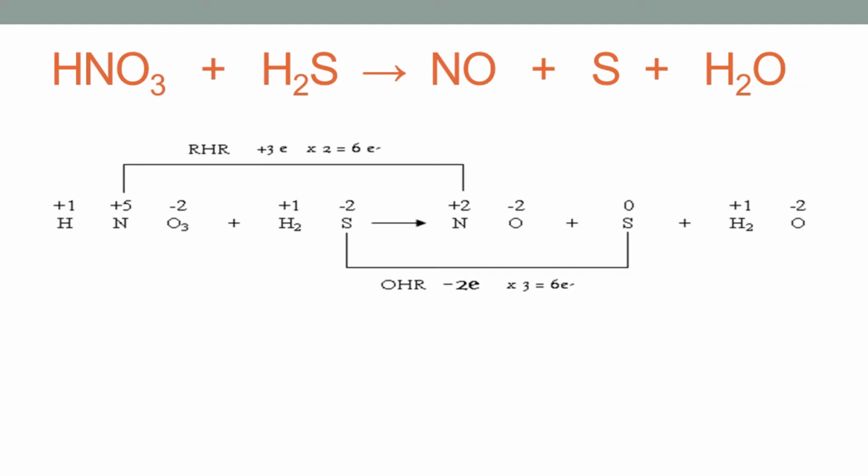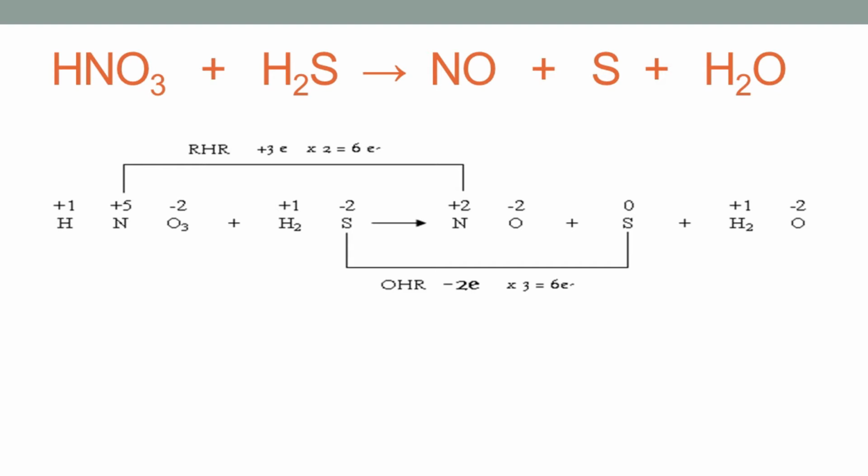So you will see that nitrogen, when it changes into NO, requires 3 electrons, and sulfide, when it changes into sulfur, produces 2 electrons. Now, if the equation has to be balanced, the number of electrons needed should be equal to the number of electrons produced. When these numbers are odd, as in the case of nitrogen, and even, as in the case of sulfur, you make it even by multiplying by 2.